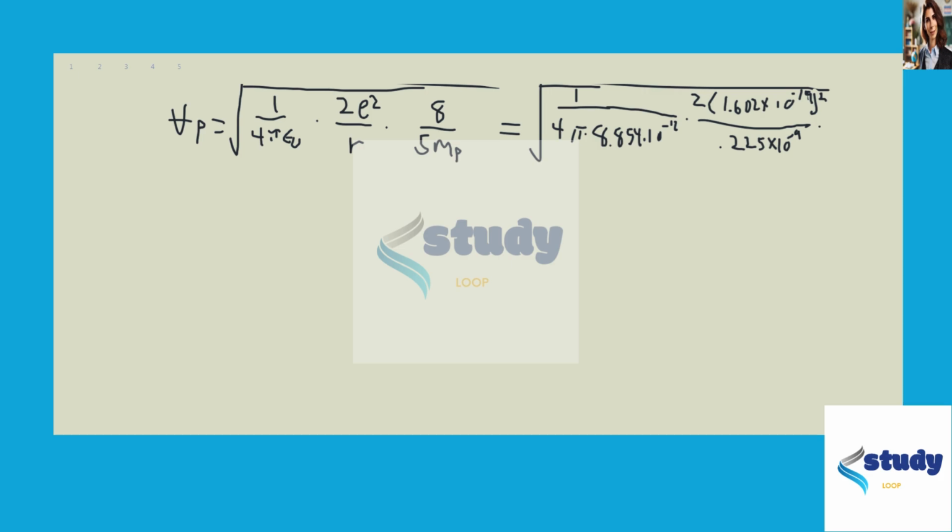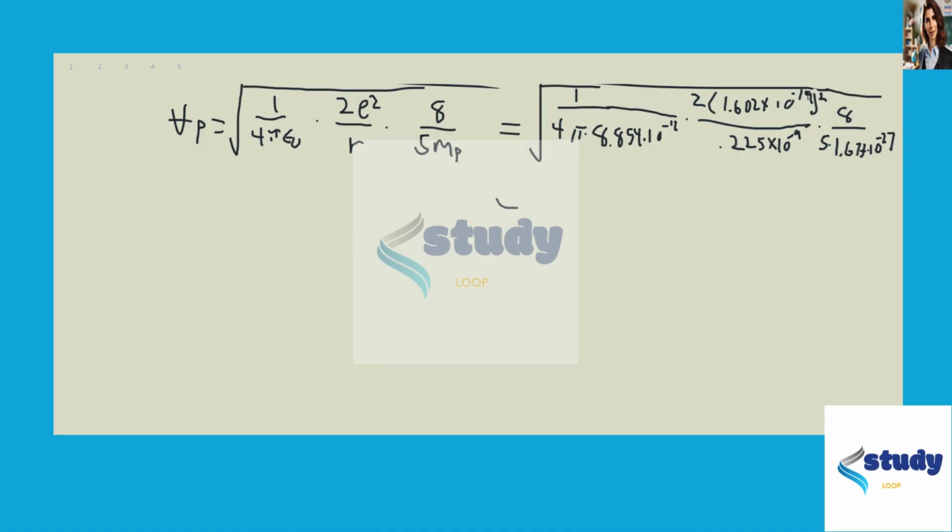And then we just need our 8 over 5 times mass of the proton, which we said was 1.673 times 10 to the minus 27 kilograms.